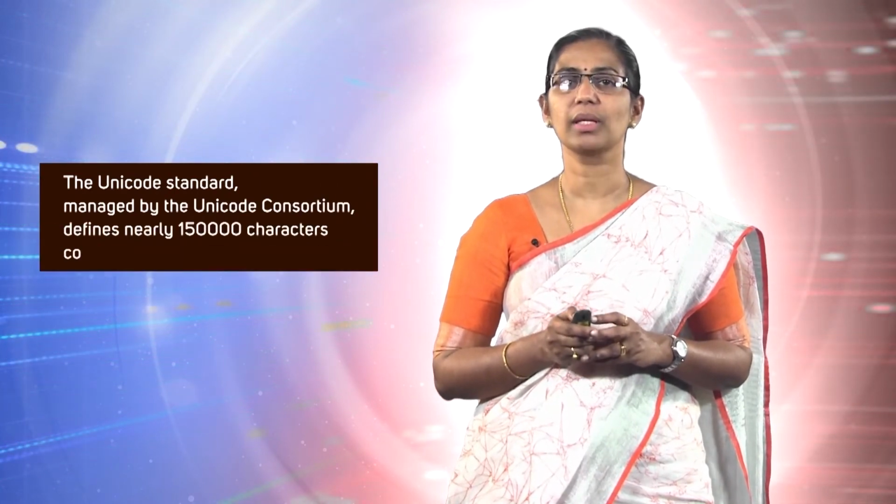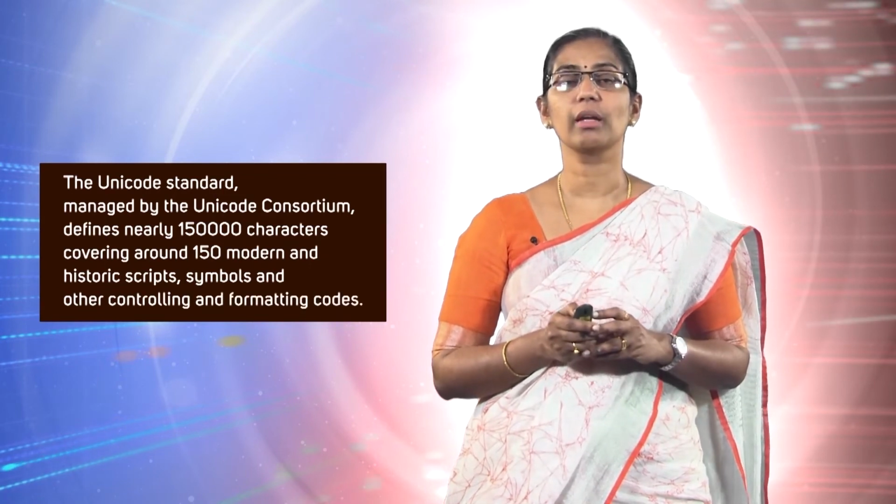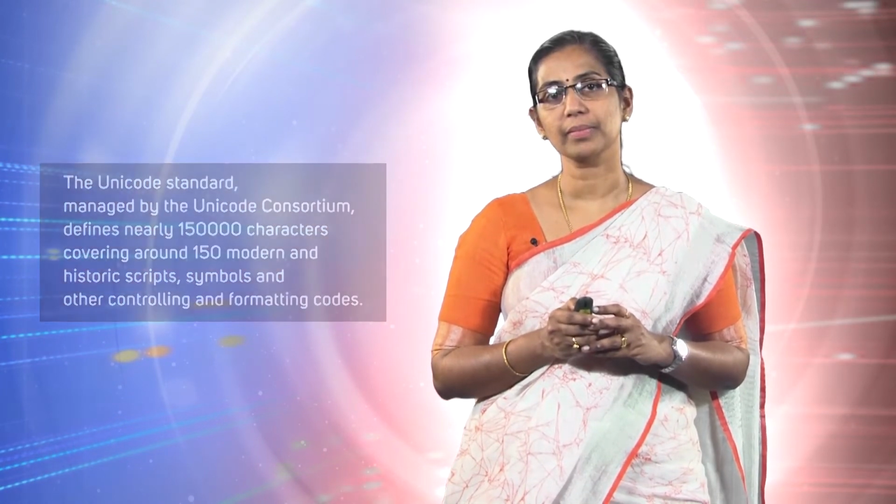It is an expansive multilingual character encoding standard. It also has the capacity to encode millions of characters. The Unicode standard managed by the Unicode Consortium defines nearly 150,000 characters covering around 150 modern and historic scripts, symbols and other controlling and formatting codes.